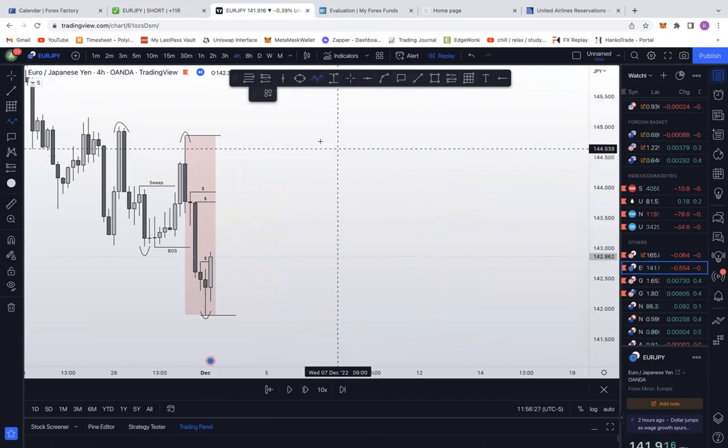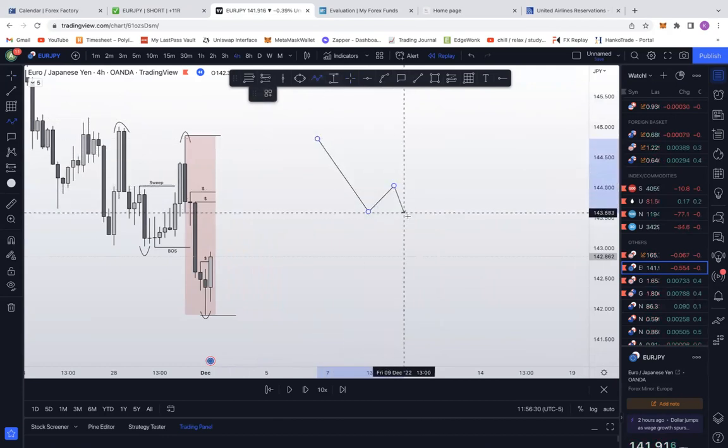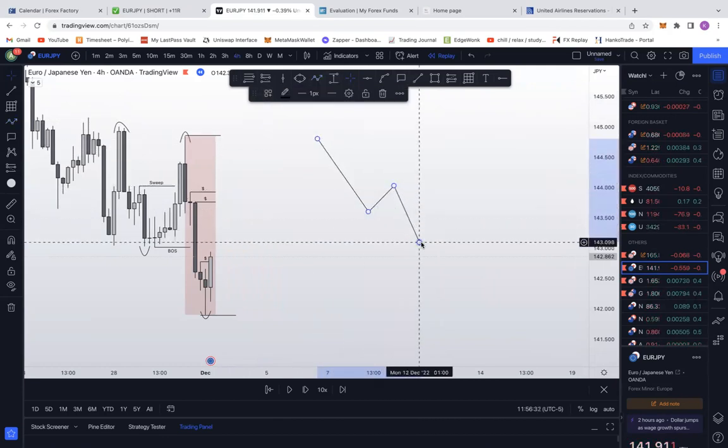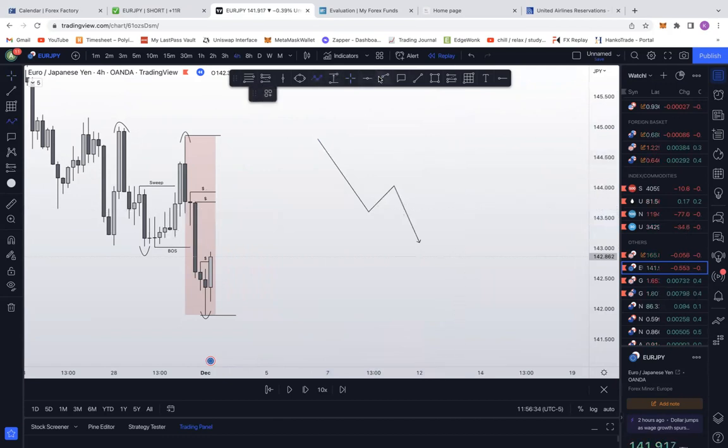Let's say our 4-hour range looks like this. The reason I would not consider this to be our structural high is because this didn't sweep anything. This didn't create a strong high in the market.